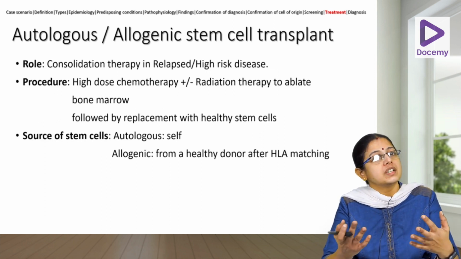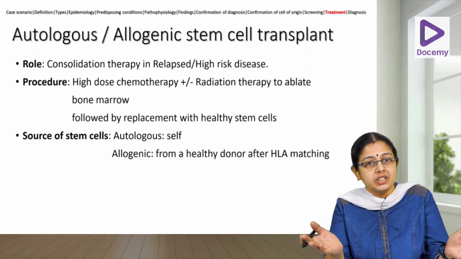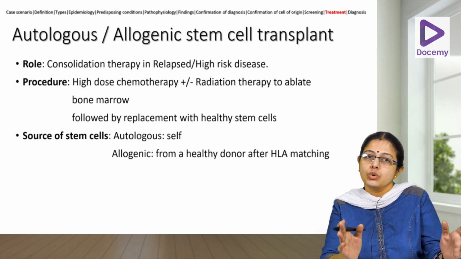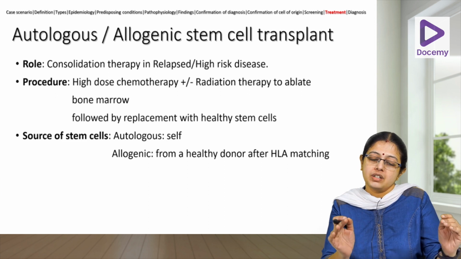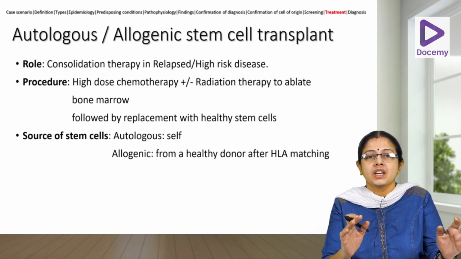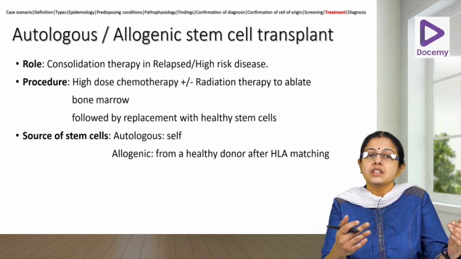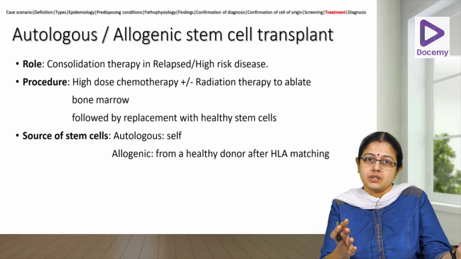Now, you may have heard about autologous transplantation, allogeneic stem cell transplantation. So, what are these? The role of the stem cell transplantation actually comes in the consolidation therapy in relapsed or high-risk disease in leukemias. Okay. So, now what is the procedure?